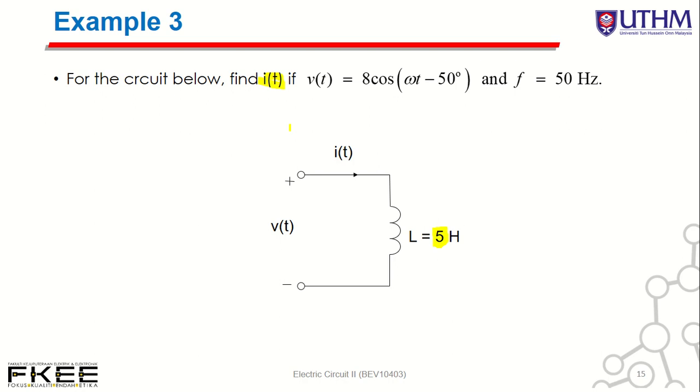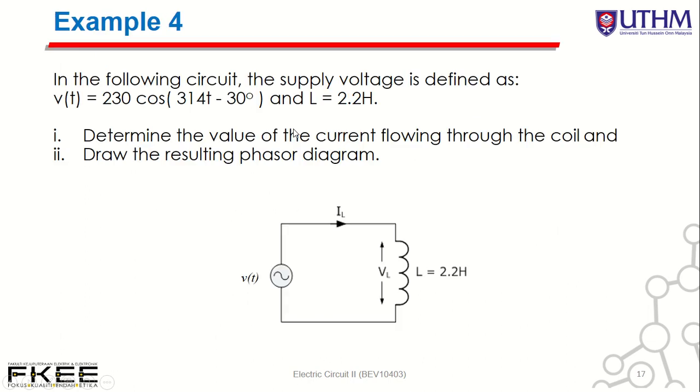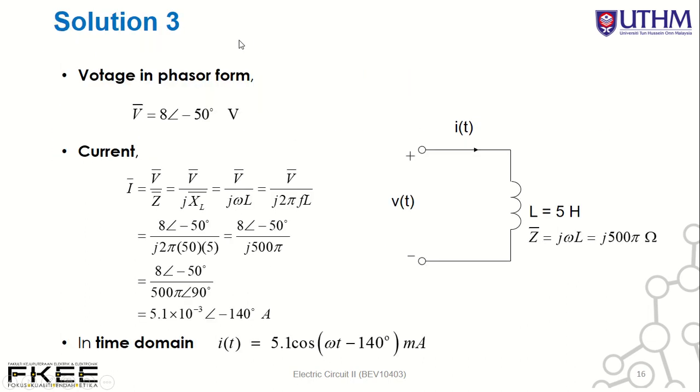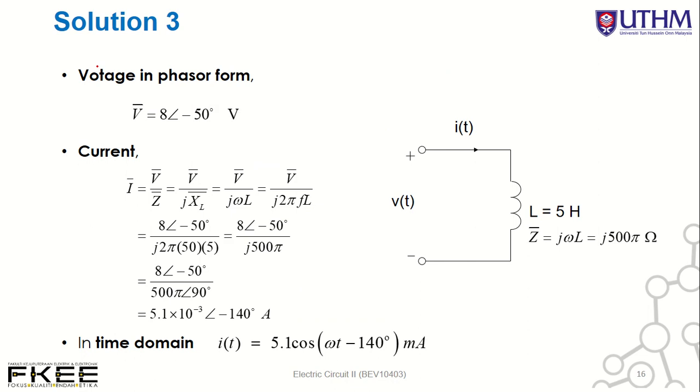First of all, you need to transfer from the time domain circuit to the phasor domain. Voltage in phasor form equal to capital V, 8 angle minus 50 volt.